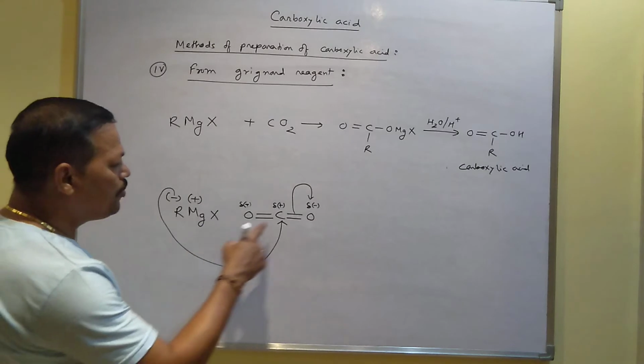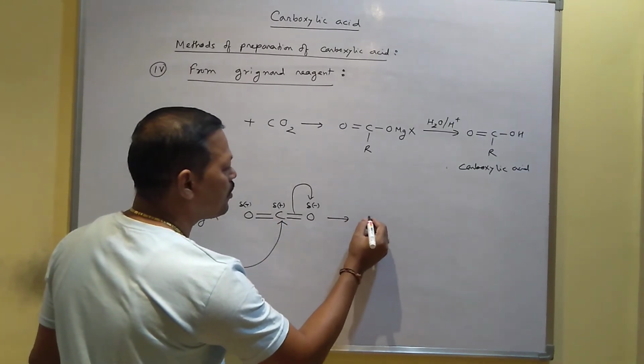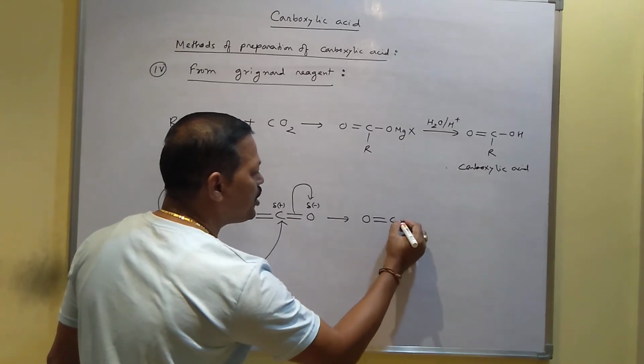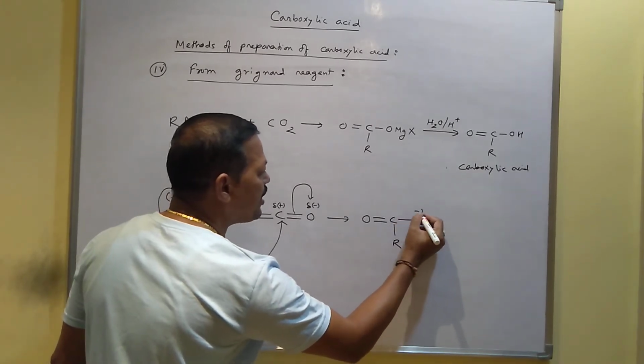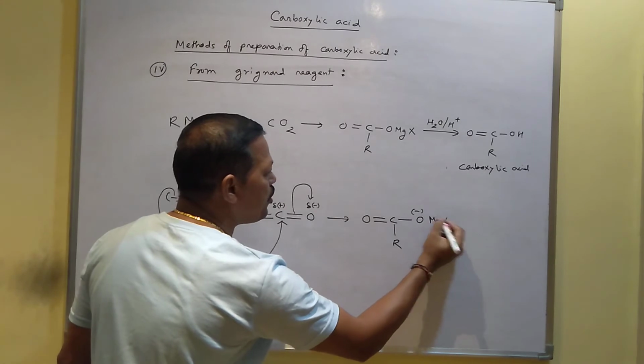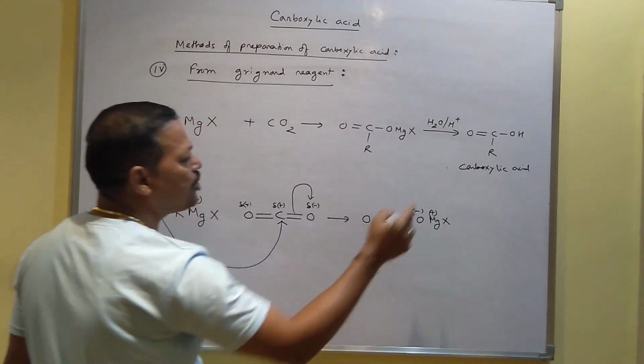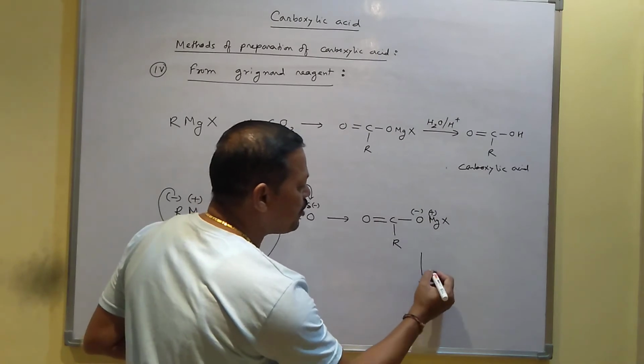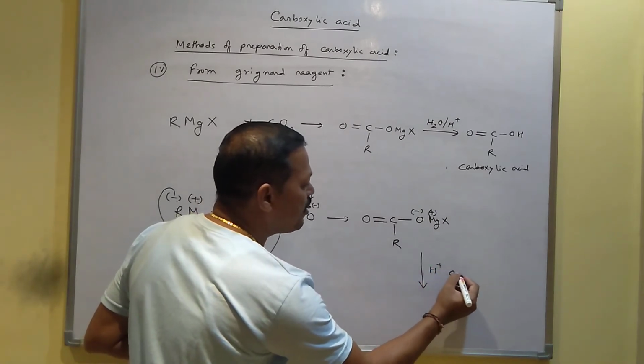After that, the R will be joined with carbon. This double bond remains the same. Here R will be joined, the double bond is converted to single bond, O becomes minus, that's why MgX plus will be joined with it, which is the intermediate. Now when you apply water in presence of acid, water produces two ions, H plus and OH minus.